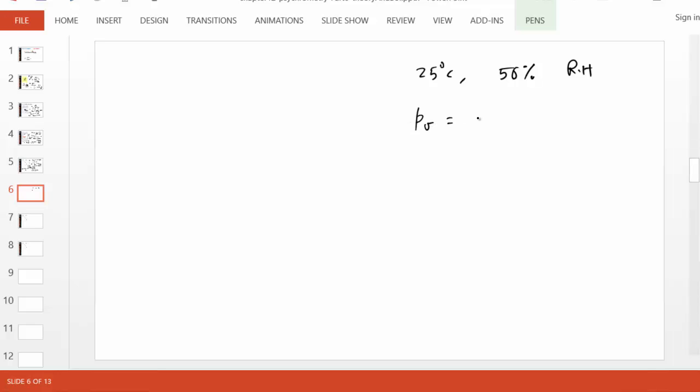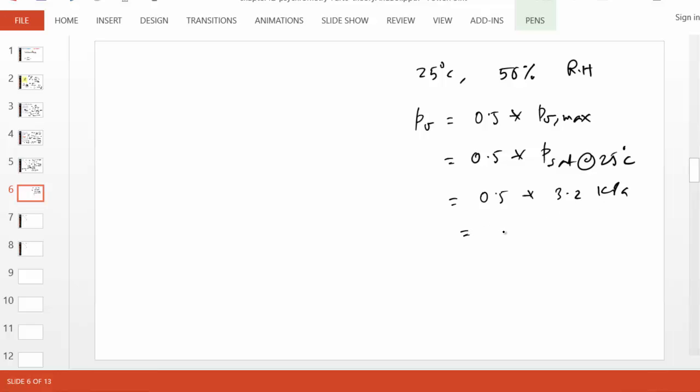PV will be 0.5 times PV max, the saturation pressure at 25 degrees Celsius, and we already calculated that, you recall, 3.2 kPa. So this will be 1.6 kPa. So we have air with water vapor pressure of 1.6 kPa.